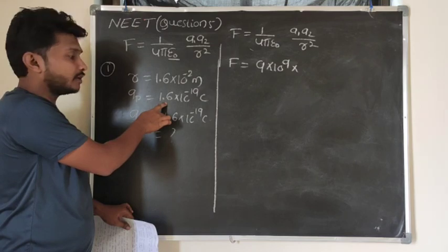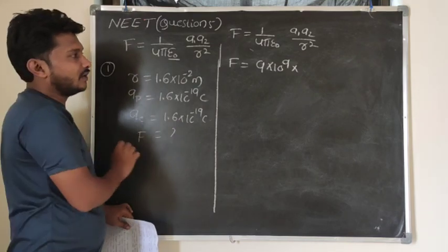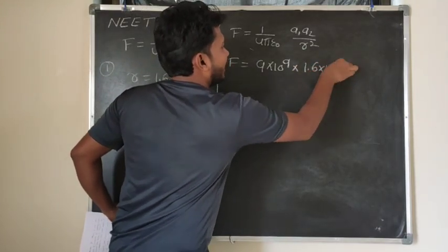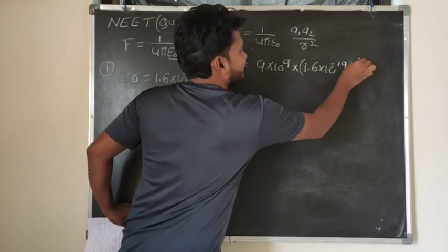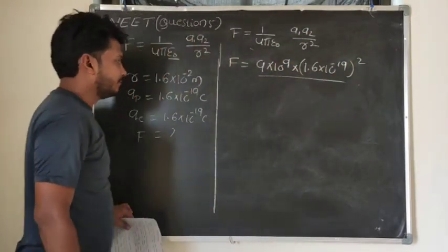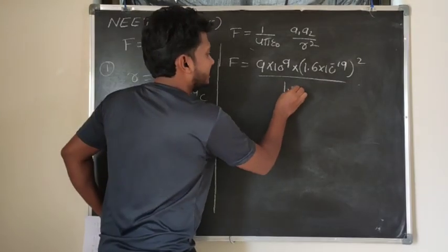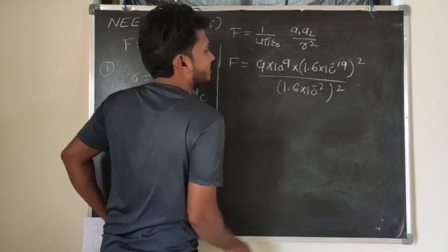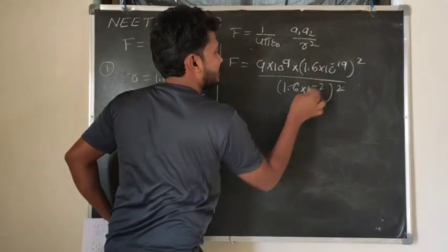They didn't mention it in the question, but you have to remember that the charge on the proton as well as the electron is 1.6 into 10 to the power of minus 19. Both have the same value, so shall I make it a square here? Divided by the distance between the charged particles, which is also 1.6, that is 1.6 into 10 to the power of minus 2 whole square. Look here, 1.6 square and 1.6 square get cancelled out.